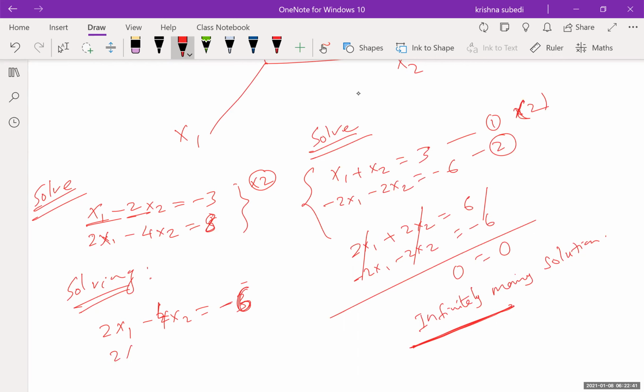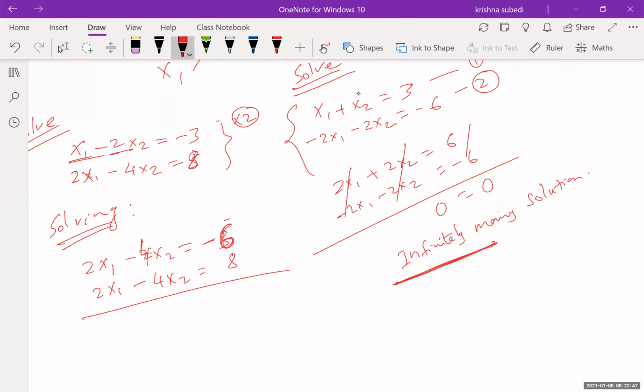And here you get 2x1 minus 4x2 equals 8. That's how you solve, I think. And when you change the sign, this cancels out, and you get 0 equals -14. Is that possible? Which is not possible. It's impossible. In mathematics, 0 is not equal to -14.